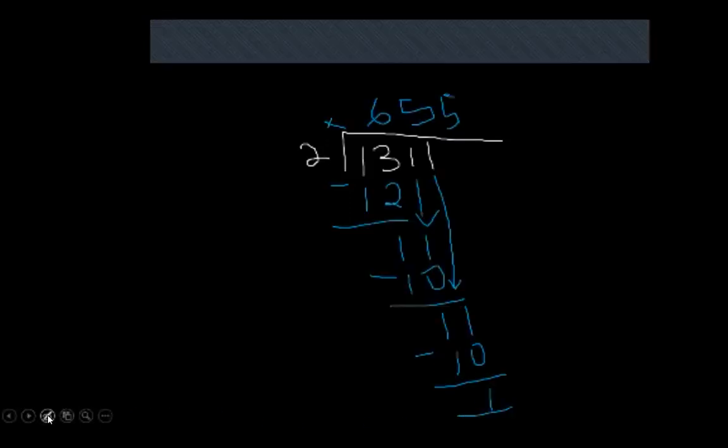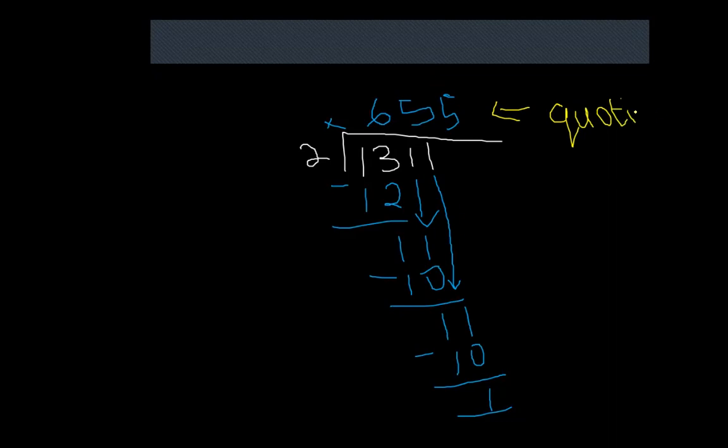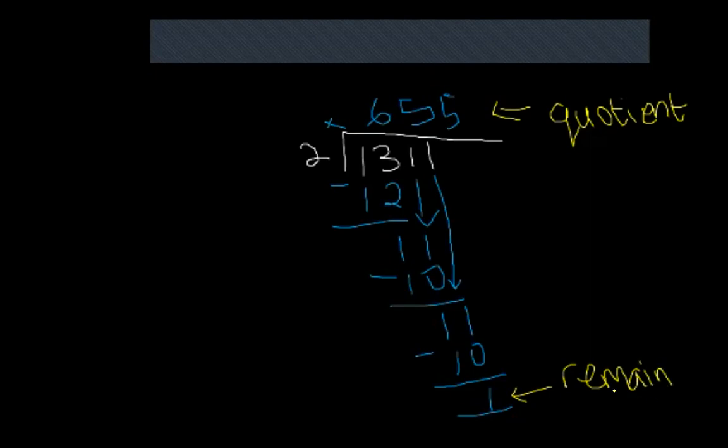So when you were in primary school, you would say, all right, this here is called my quotient. And then this here is my remainder. So if they ask me, 1,311 divided by 2, what's the quotient?